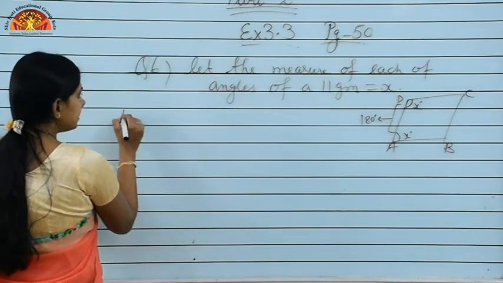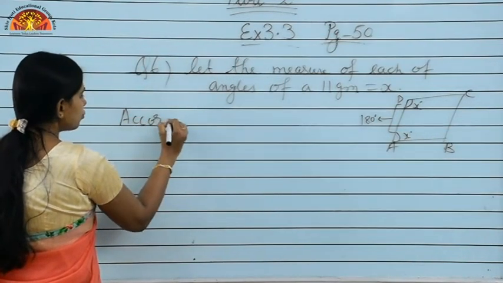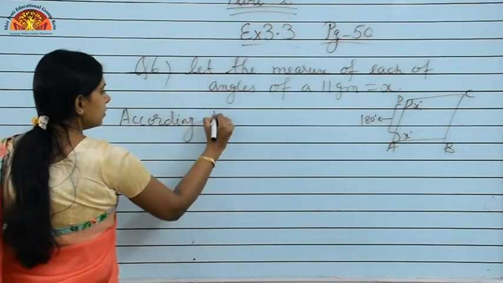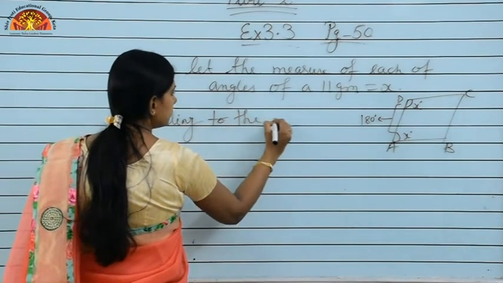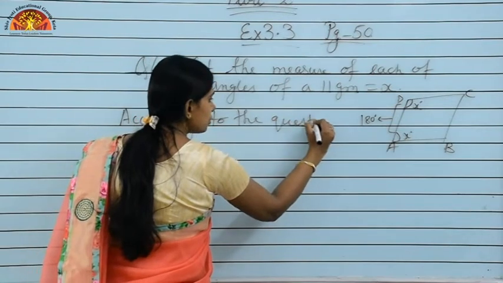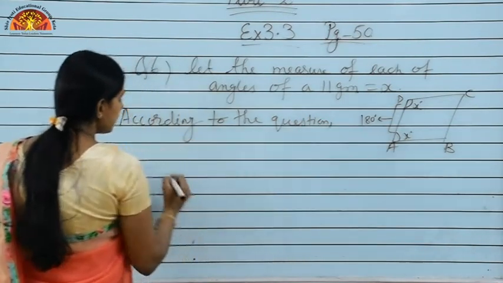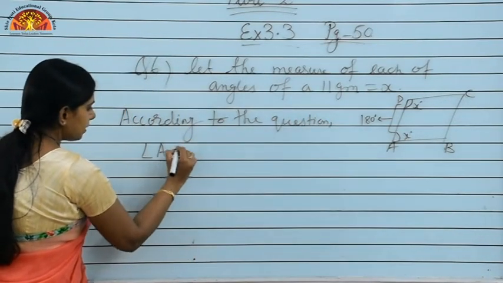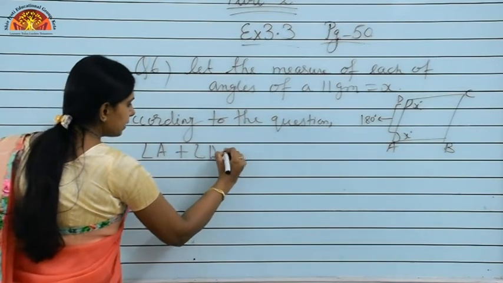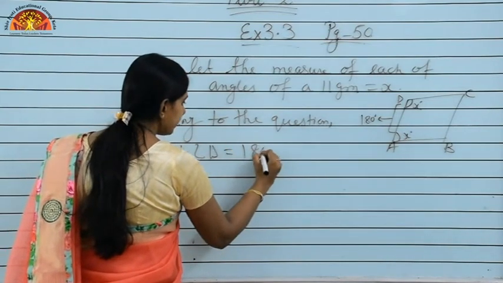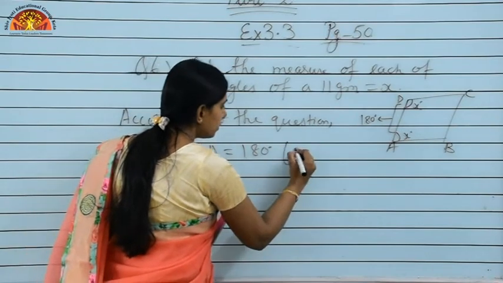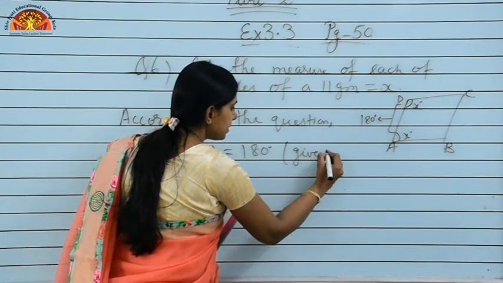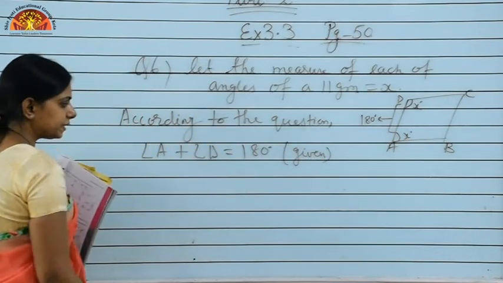So we can write, according to the question, angle A plus angle D is equal to 180 degrees, because the sum of the adjacent angles of a parallelogram is 180 degrees.